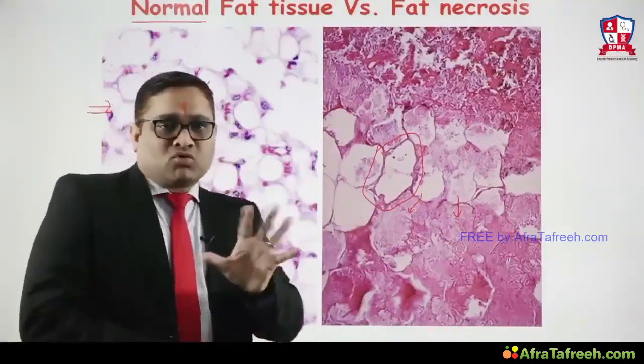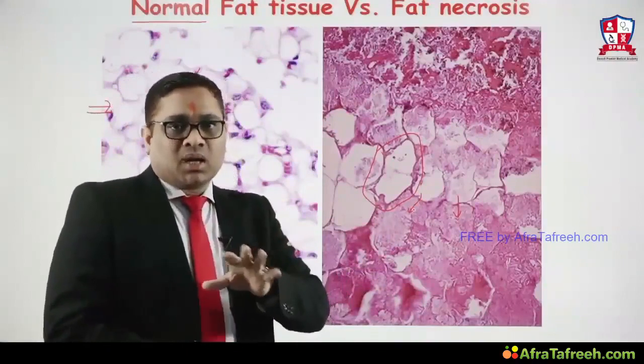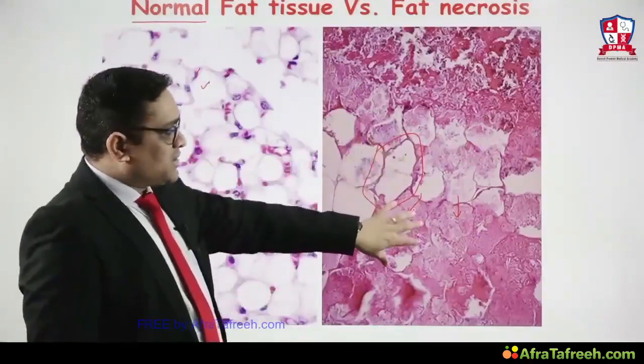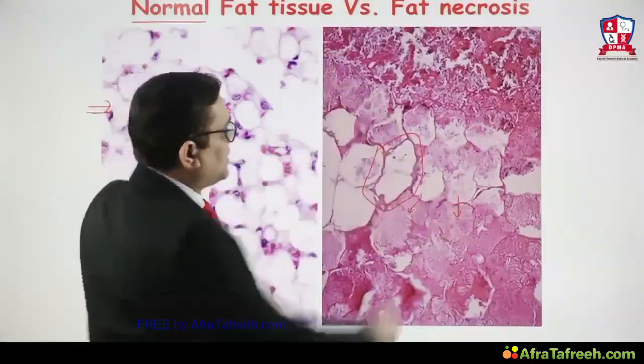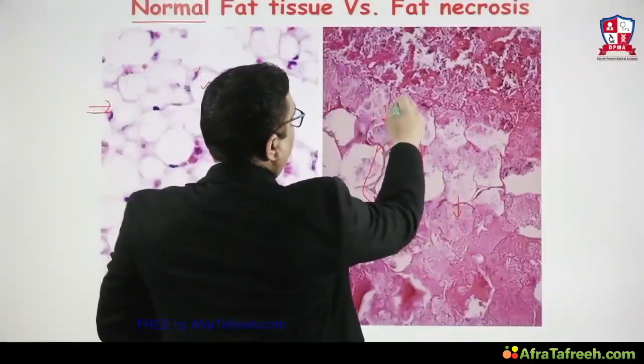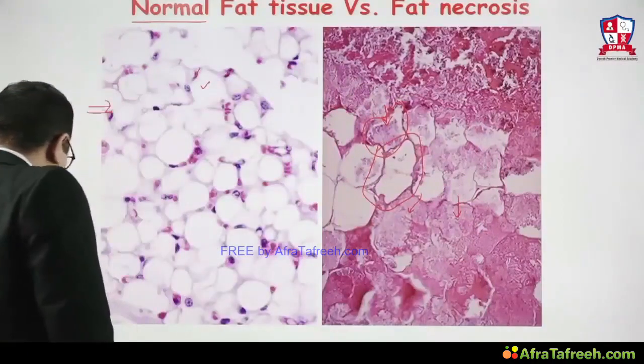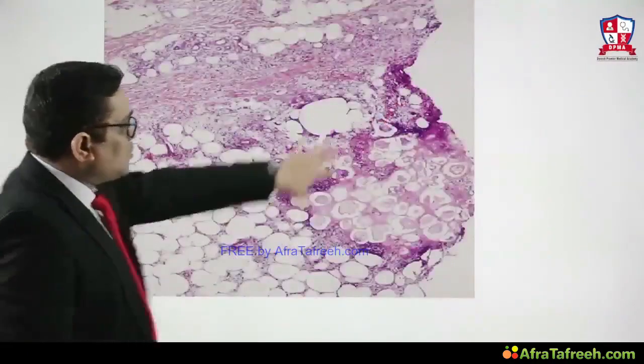So amorphous, there is no morphology, amorphous basophilic deposit. So anucleated fat cells, amorphous basophilic deposits. As you can see here, it is more clear in this cell. In this fat cell, amorphous basophilic deposits are more clear, and in this one again you can see the same thing.